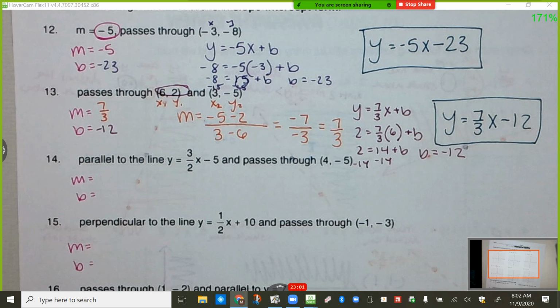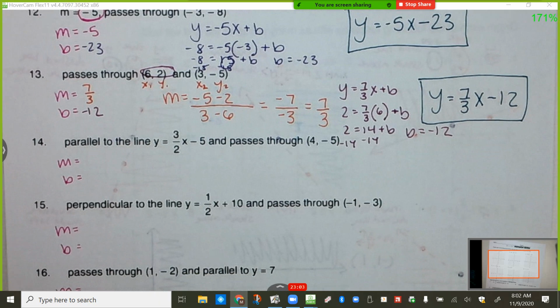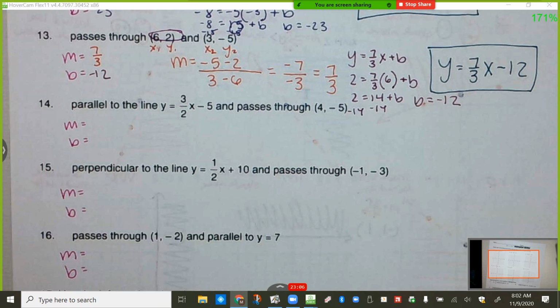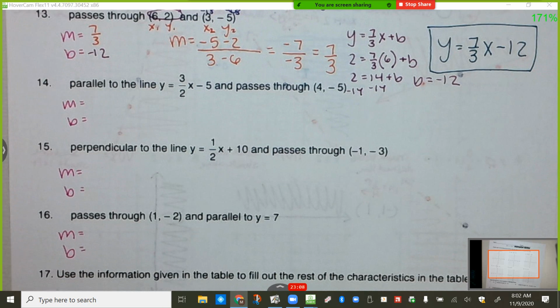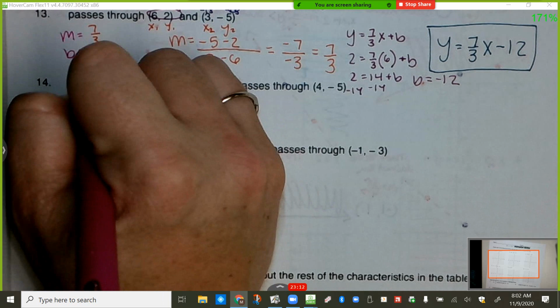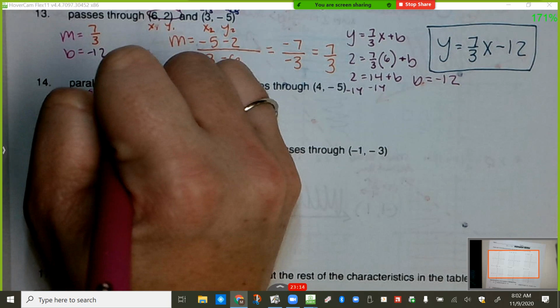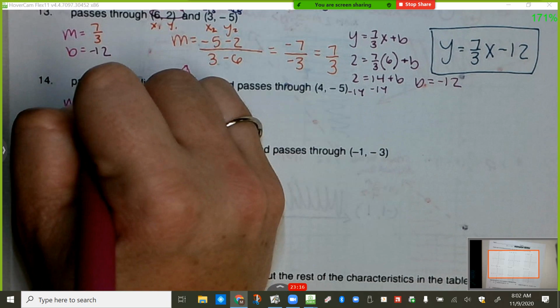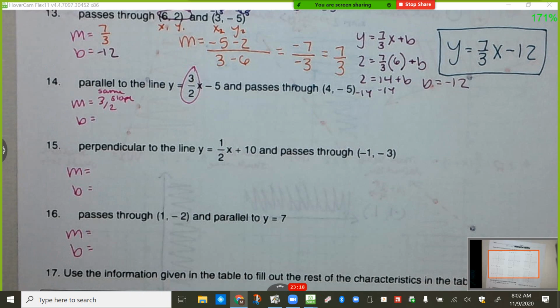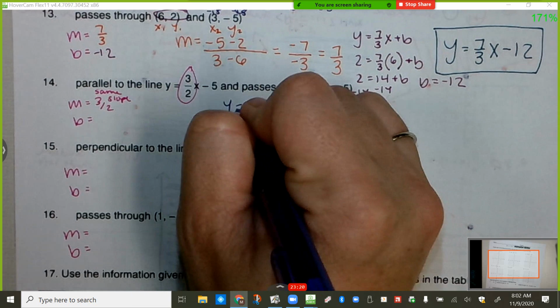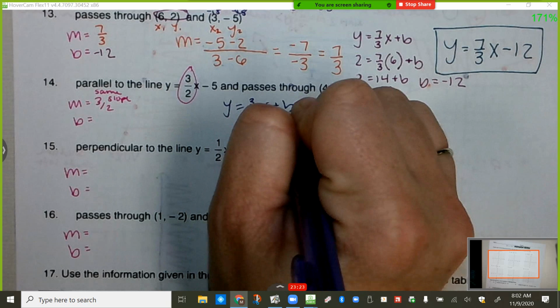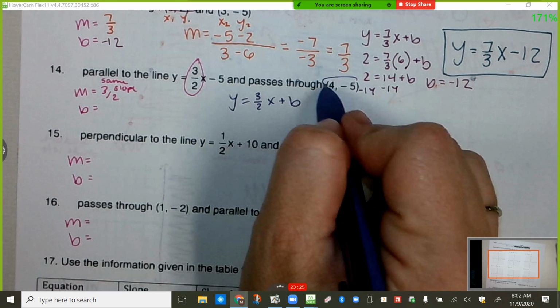Okay, so knowing that, this one says parallel to the line 3 over 2x minus 5 and passes through this. Parallel means what? Same slope. So I know my slope is 3 over 2. So already I know I have y equals 3 over 2x, but I don't know b. But I know it has to go through this point.